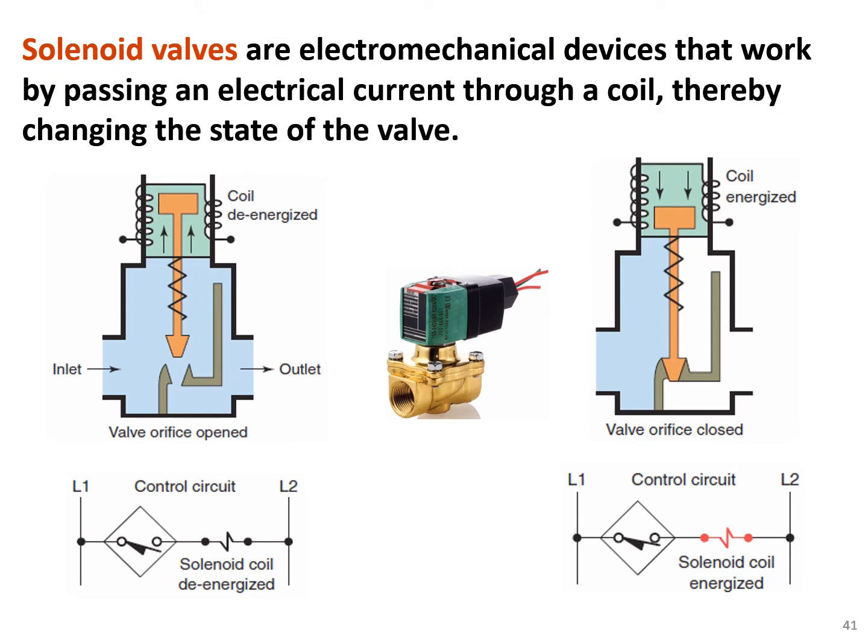Solenoid valves are electromechanical devices that work by passing an electrical current through a coil, thereby changing the state of the valve. Okay, so here we have a coil, for example, here is de-energized, and we have a plunger that opens and closes the opening of the valve.